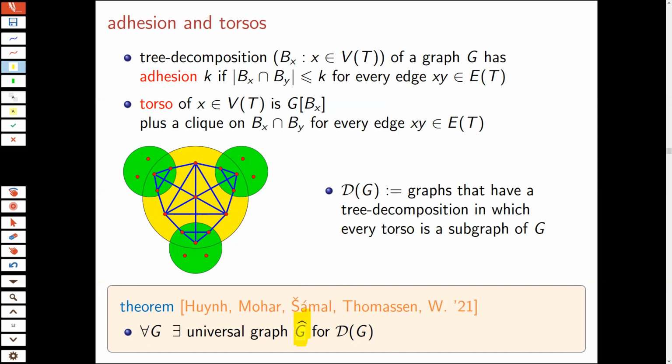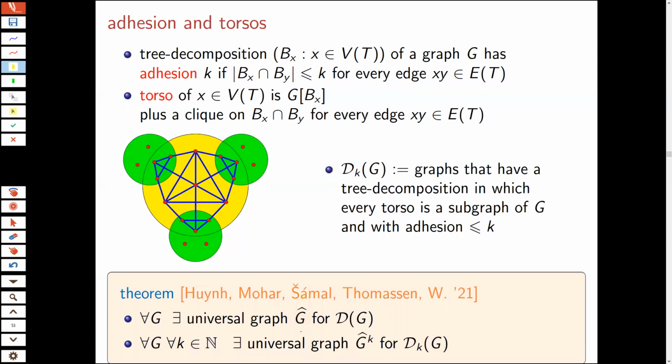Because if you just take G to be the complete graph on K plus 1 vertices, then this G hat is the universal tree-width-K graph. So this is a strengthening of the fact that we have a universal tree-width-K graph, and the proof of this builds on that explicit construction of a tree-width-K graph that I mentioned in the previous slide.